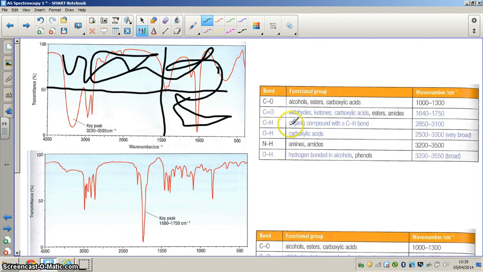Now if we look at our data sheet over here, 3,200 to 3,500, we have a broad peak. So this suggests that this compound is an alcohol. And that's all we can decide from this IR spectrum.